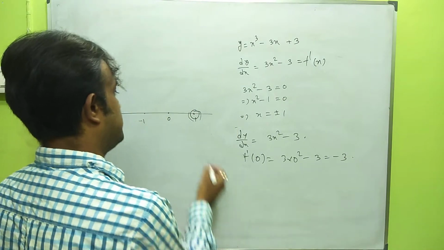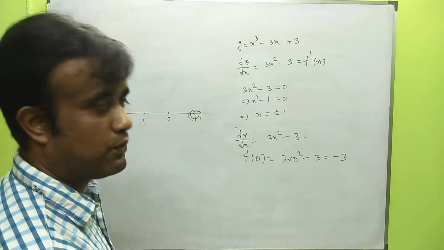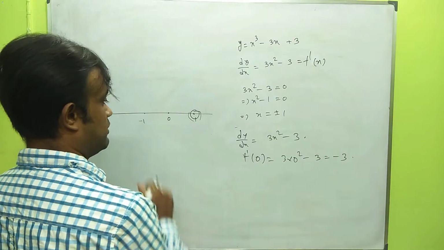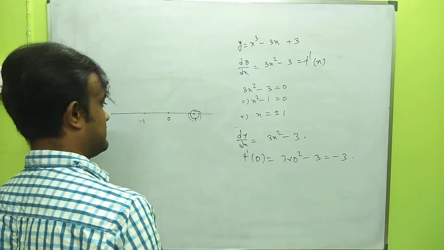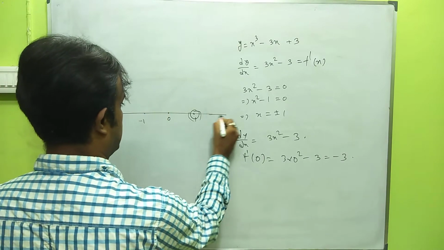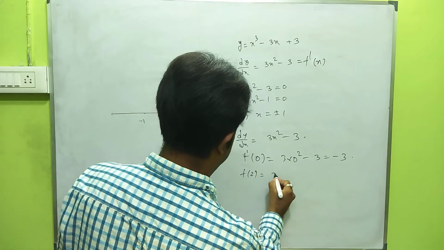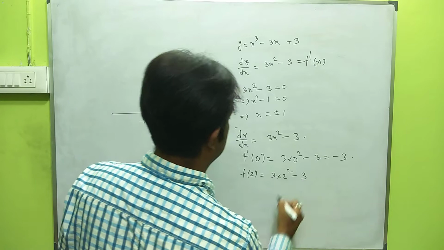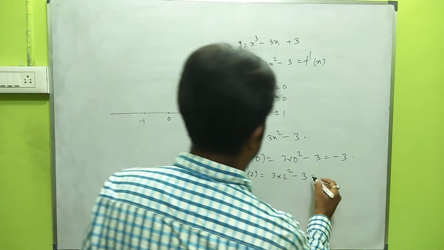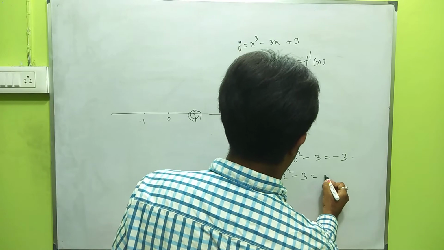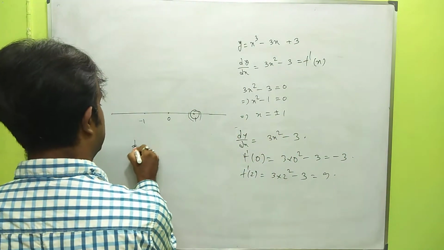So here we observe that in the left interval of the point 1, f'(0) is equal to minus 3. And if we take any point on the right side of 1, suppose f'(2), this will be 9.